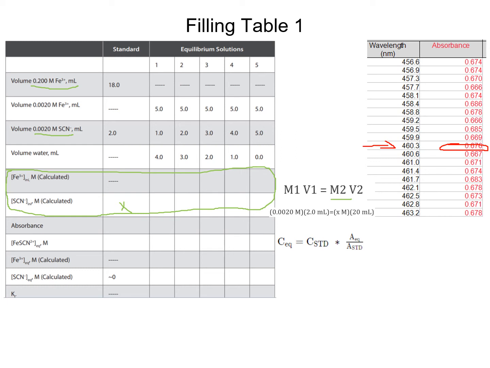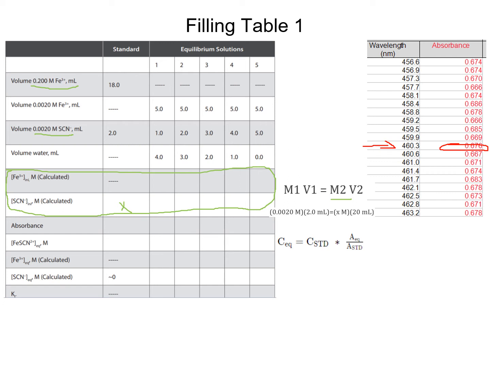And then when it comes to calculating the product, which is the iron thiocyanate, we have this equation that helps us to relate the absorbance and the concentration of our values at equilibrium, and also using the standard concentration that we have.